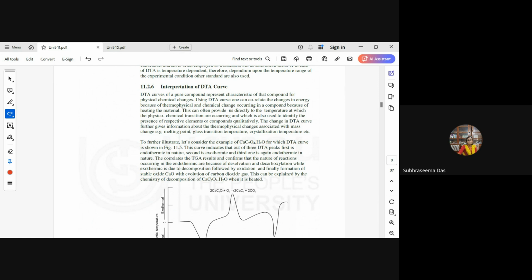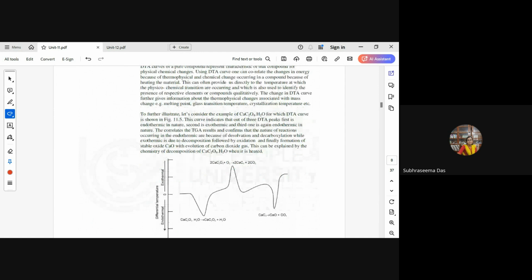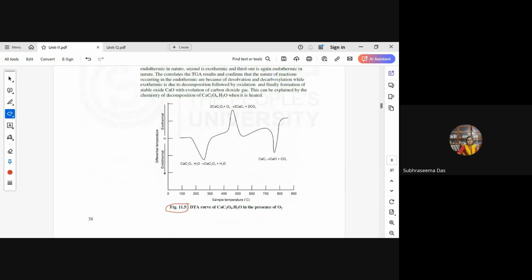The changes in the DTA curve also give us information about crucial factors like the melting point, the glass transition temperature, the crystallization temperature, and the oxidation temperature. To understand this, let us consider the example of hydrated calcium oxalate, whose DTA curve is shown in figure 11.5.